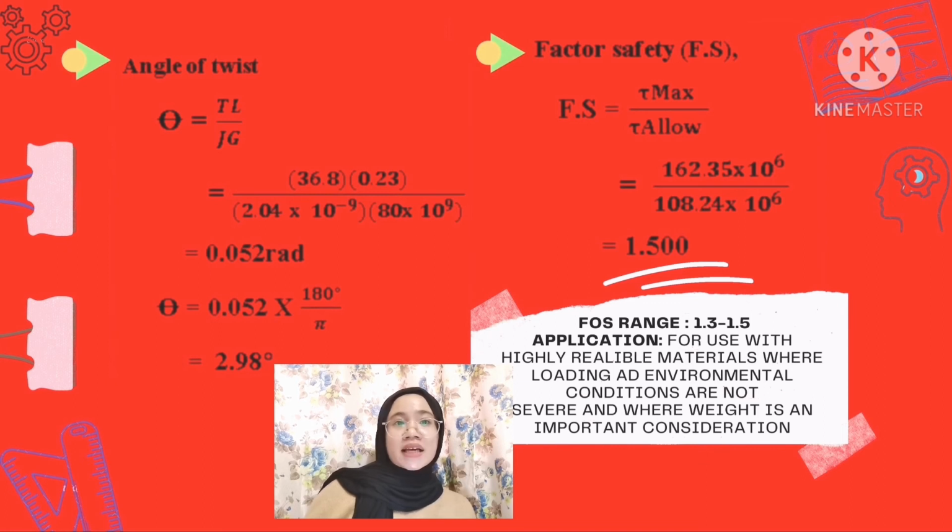So the project is safe in this working condition because the 1.500 is in the range of the factor of safety between 1.3 to 1.5. So the application is for use with highly reliable materials where loading and environmental conditions are not severe and where weight is an important consideration. So that's all for the calculation.